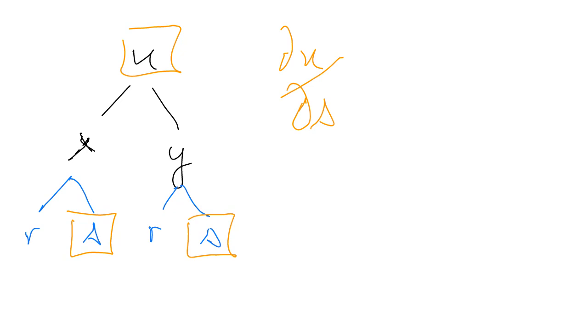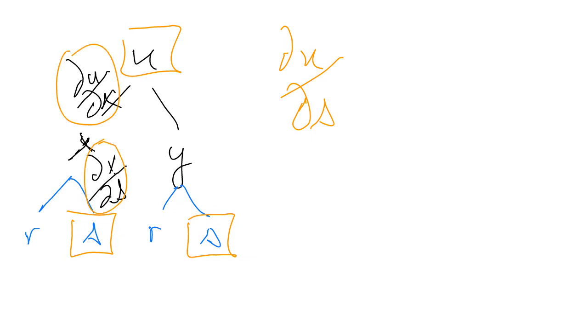Basically, how do I get down there? Well, I'm going to take the partial of u with respect to x going this way, and then going down here, the partial of x with respect to s, and so I would need to multiply these together.